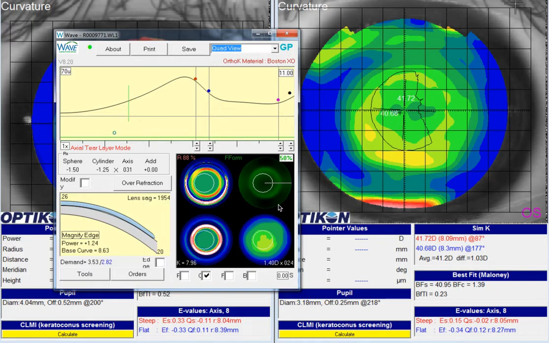Okay, so now we have a lens with the adjusted sagittal height values. It does look like this lens is going to fit very poorly, but this is not the fitting profile that you're going to see on the eye.